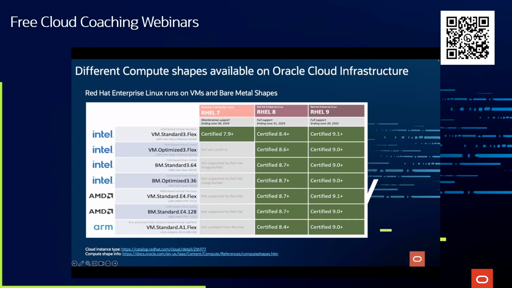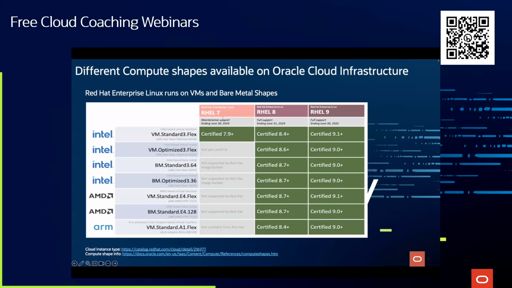Compute shapes are available in Intel, AMD, or ARM processing architectures. And the compute instance is either a virtual machine or bare metal. This is where your Red Hat Enterprise Linux will be deployed. I'll explain a bare metal server in just a moment.